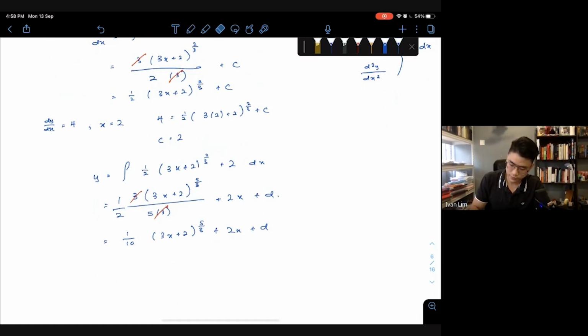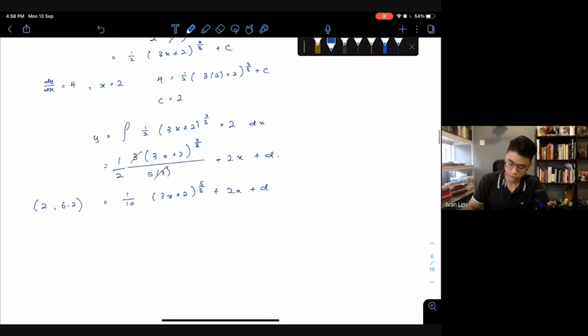Given to us, we got to sub this in, (2, 6.2). So we get 6.2 equals 1 over 10, 3 times 2 plus 2, 5 over 3 plus 2 times 2 plus d.